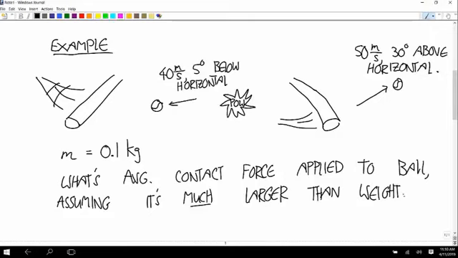It wouldn't be that hard to include the weight in there, but you can imagine over this very short duration of contact, if the ball was a person worrying about its health, it would be very unconcerned with the force applied by gravity. And over that 0.01 seconds, it would be very concerned with the force being applied by the bat. This impact takes 0.01 seconds.